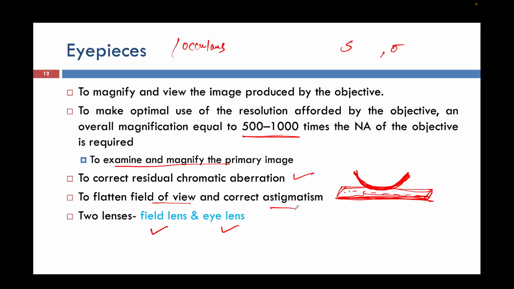So if anyone asks, the primary function of the eyepiece is to examine and magnify the image obtained after the focusing action of the objective lens, to correct the astigmatism and to minimize the residual chromatic aberrations, right?